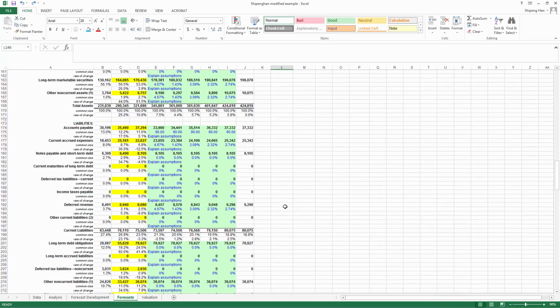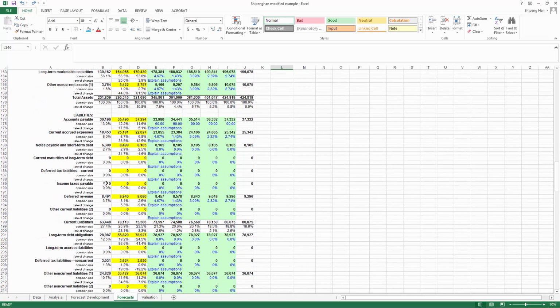Next, we forecast the first financial liability, notes payable and short-term debt. So for financial liabilities, we generally use the growth rate of assets.